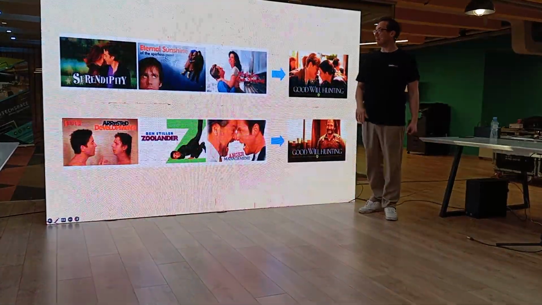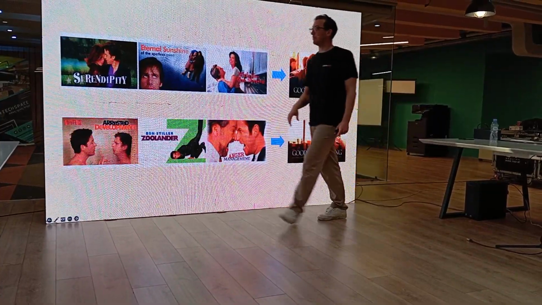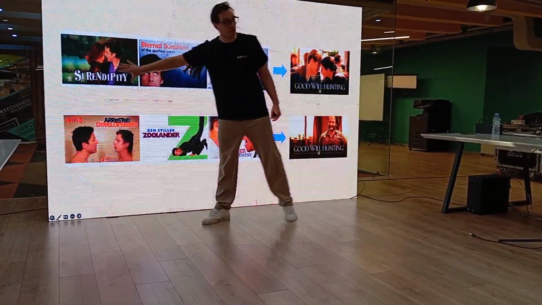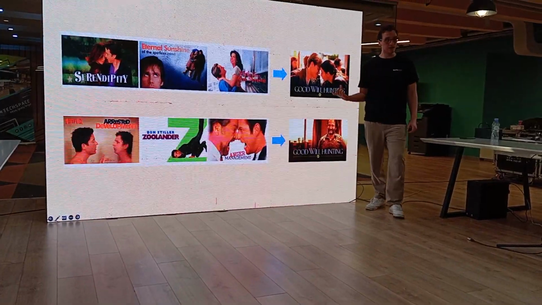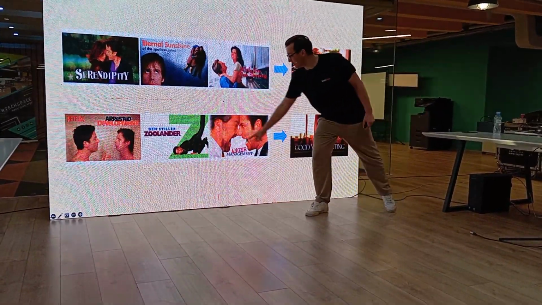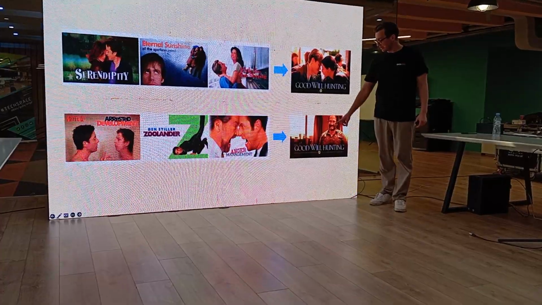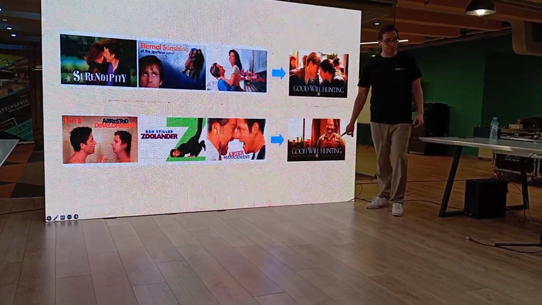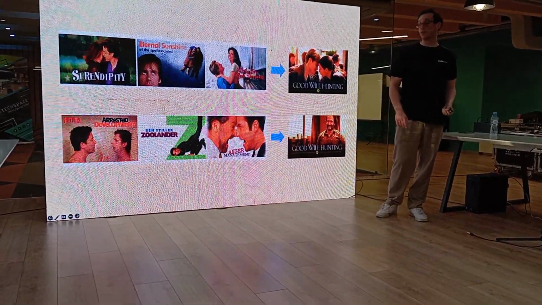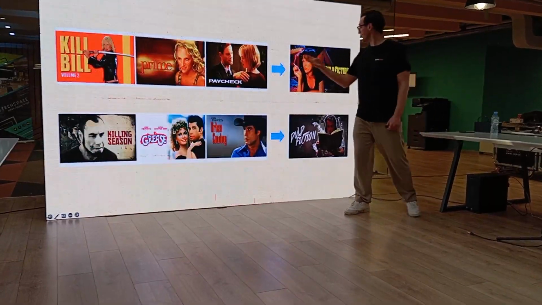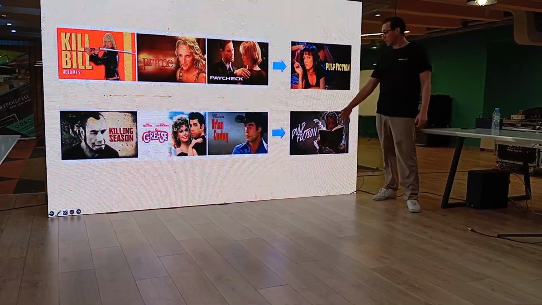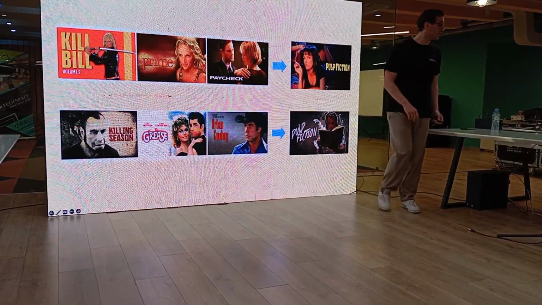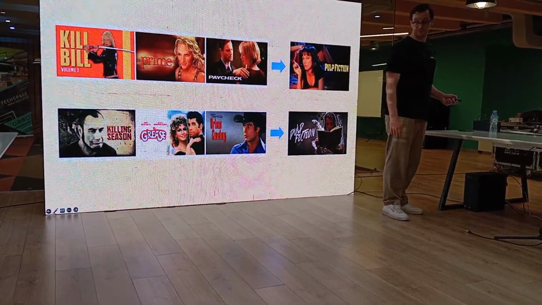And then, depending on your viewing history, if you're someone that likes to watch rom-coms, then the movie Good Will Hunting shows a couple kissing, and if you're someone who likes more comedies, then the person you will see as a thumbnail would be a comedian. Or if you're a fan of Uma Thurman, then Pulp Fiction has Uma Thurman. If you're a fan of John Travolta, what you will see by looking at Pulp Fiction is actually John Travolta.